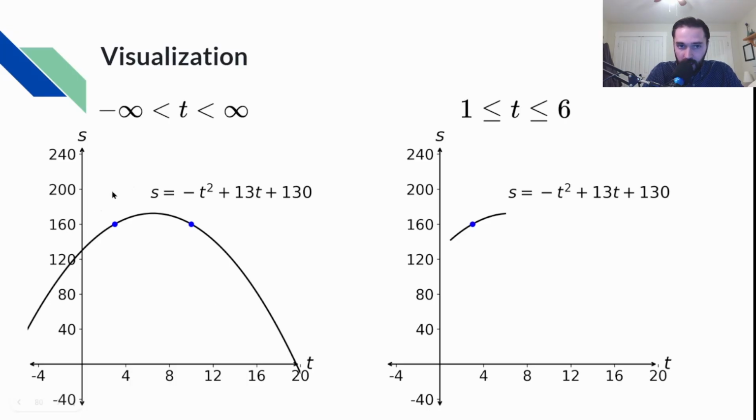So if we set s equal to 160 and solve the equation for t, that's a quadratic equation, so we're going to get two answers. But we only want to consider one of those answers, the one that's in between 1 and 6.